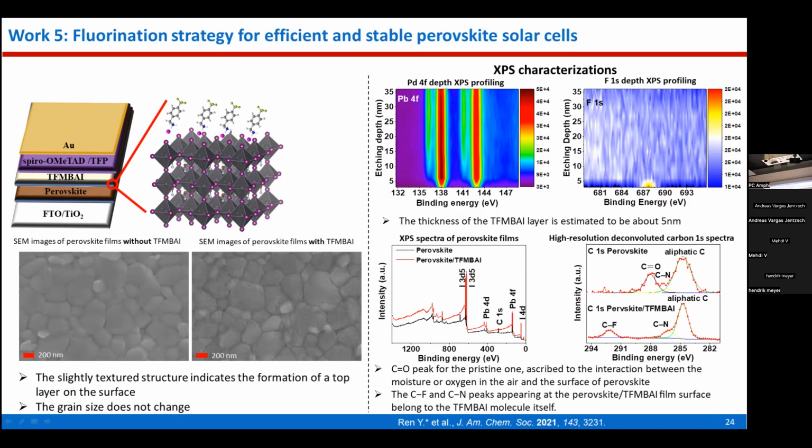This is from the interaction between the air or moisture and the perovskite film. But for the passivated film, it disappeared. It means the top layer can effectively protect the perovskite film from being attacked by moisture.